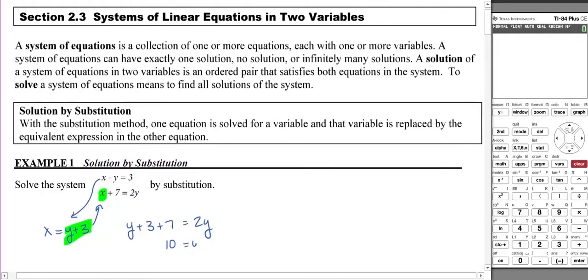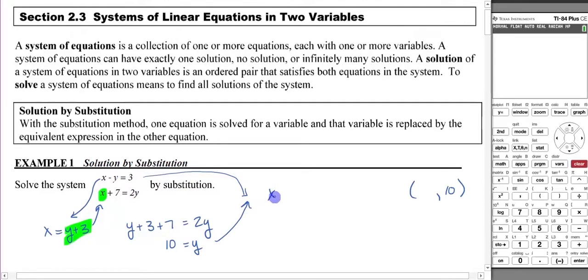That would give me 10 equals y. Now this solution is going to be an ordered pair, so I want to make sure that I'm solving for the x as well. So I'm going to substitute this back into either one of the original equations and solve for x. I'll go ahead and put it into the first one.